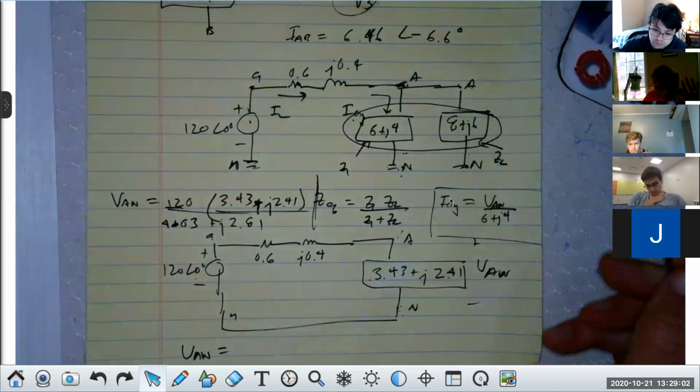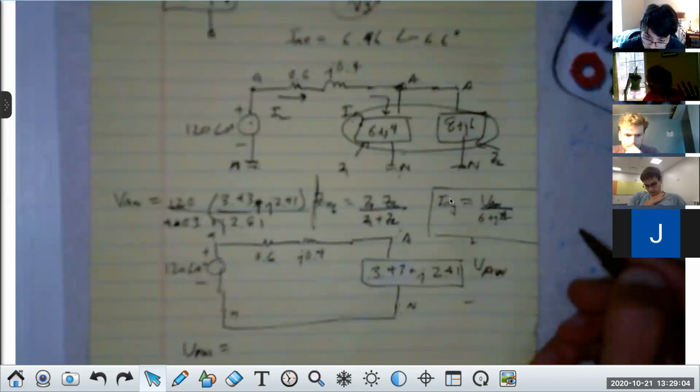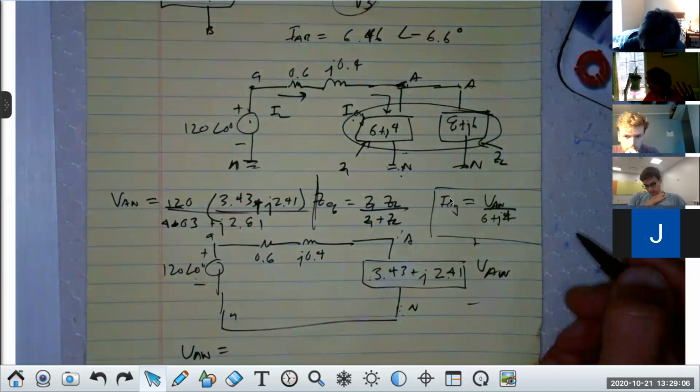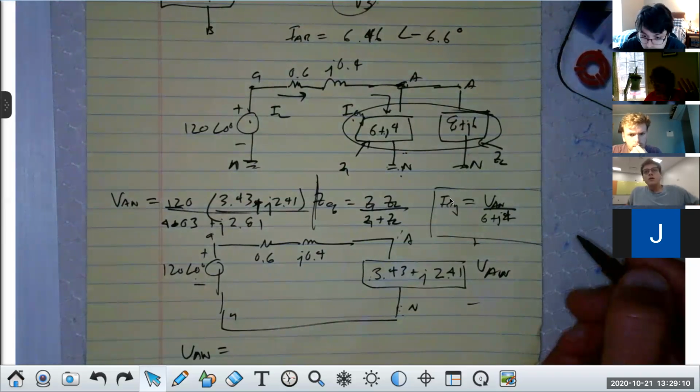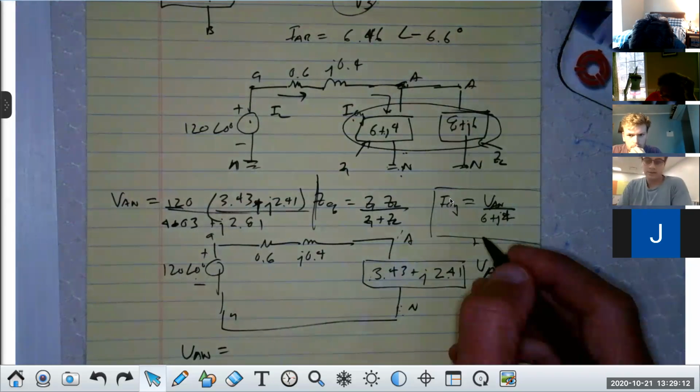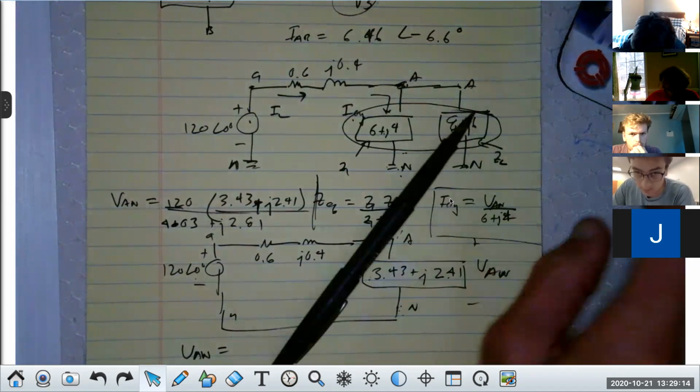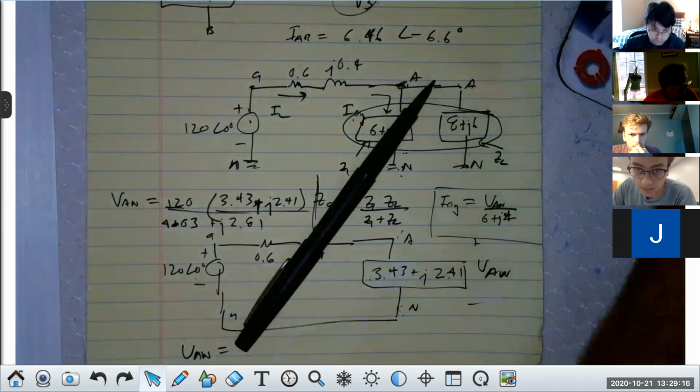How many agree with that? I'm doing this methodically for a lot of reasons. Okay, thank you. Now you can give me that value if you want. It's in the solutions, but I just take what I got and divide it by 6 plus j4.